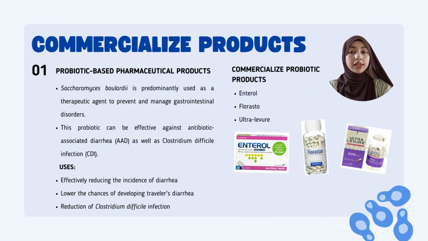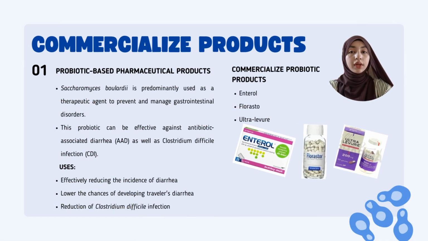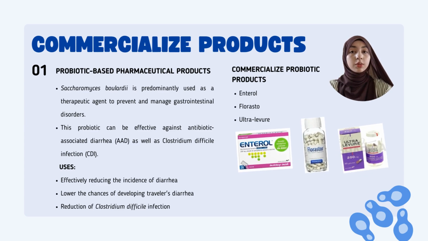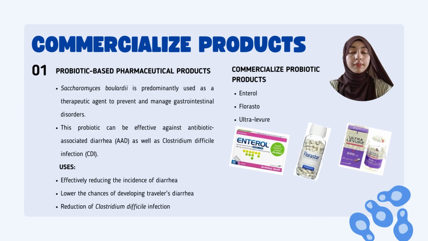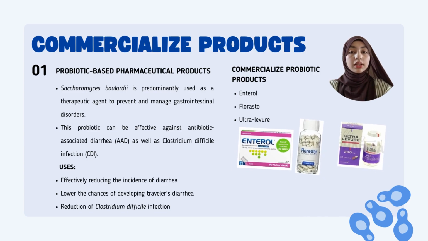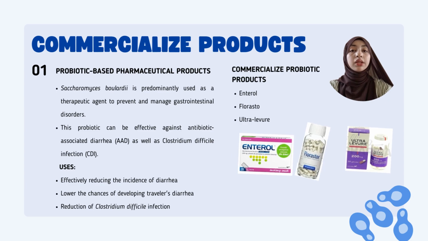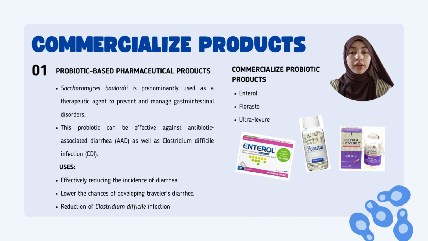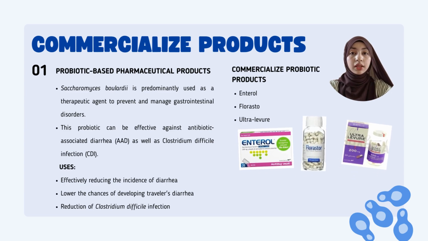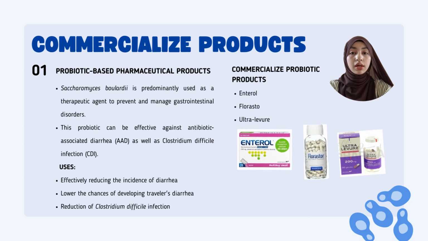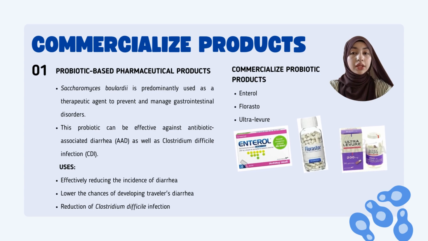In this slide, we are focusing on the commercialized products of Saccharomyces boulardii. Saccharomyces boulardii is the most common probiotic used in pharmaceutical products. It is predominantly used as a therapeutic agent to prevent and manage gastrointestinal disorders. This probiotic can be effective against antibiotic-associated diarrhea as well as Clostridium difficile infections.